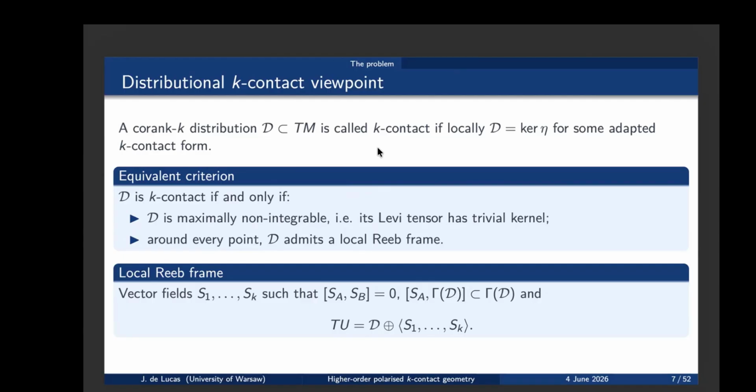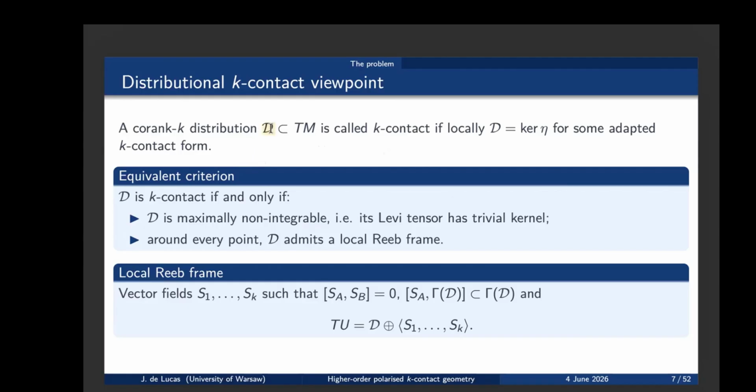So then Xavier Rivas, myself, and a PhD student of mine developed another approach, that is not focused on the k-contact structure, but on the kernel of the k-contact structure, the so-called k-contact distribution. We define a k-contact distribution as a distribution that locally around every point can be written as the kernel of a k-contact form.